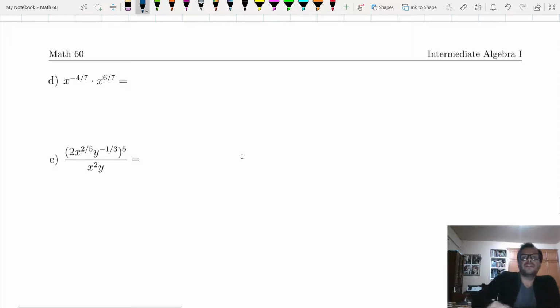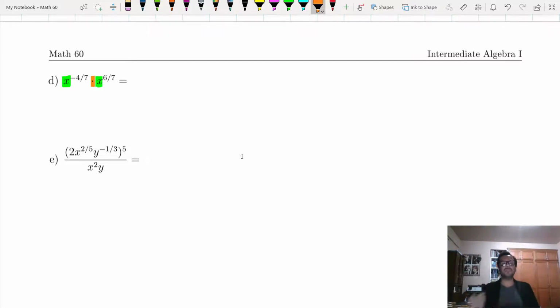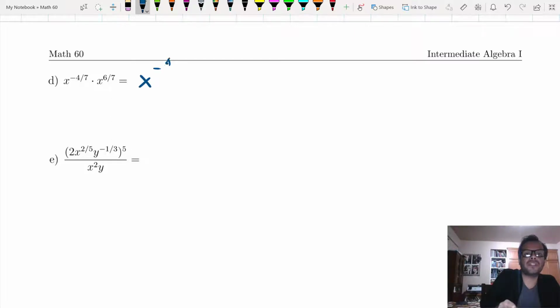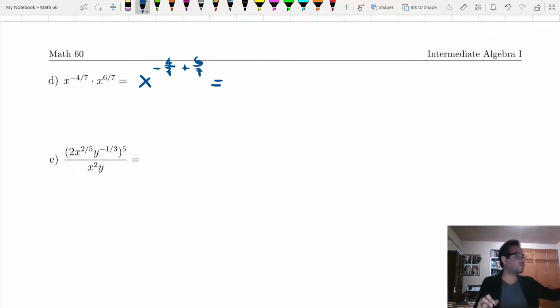All right, so let me highlight x and highlight x. When we do that, it means that we have the same base, and the operation implied between the two of them in this case will be multiplication. So what do we do when we have multiplication? Well, we add the exponents. In this case, one of the exponents is negative 4/7 plus 6/7. So what do we get when we add these two numbers?